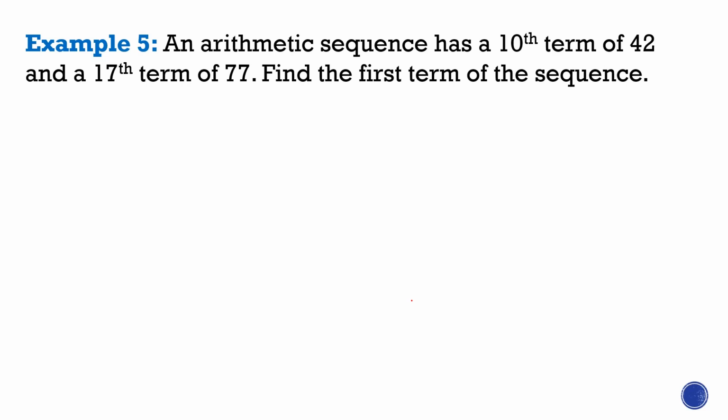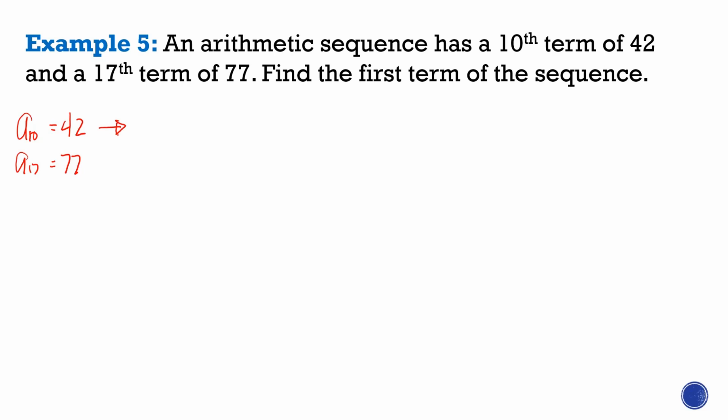So for this case, since we already know about finding the common difference, we will be doing the same procedure like what we did earlier to this problem. So let's start with a10 equals 42, and then a sub 17 equals 77.